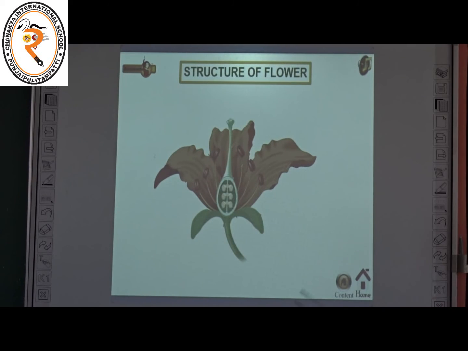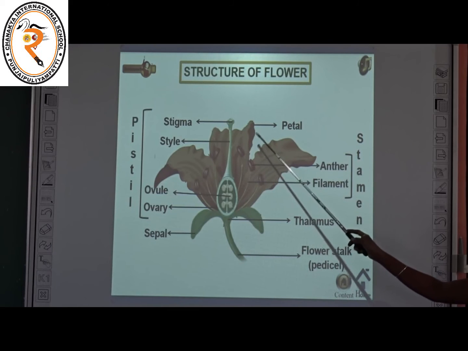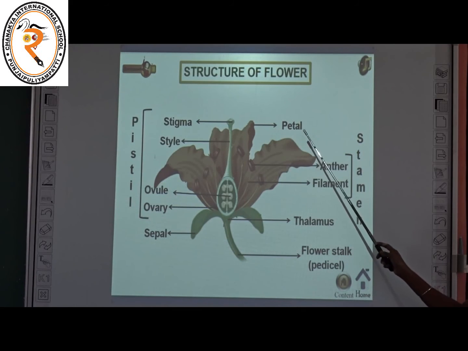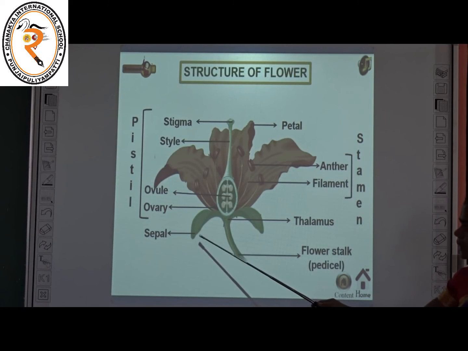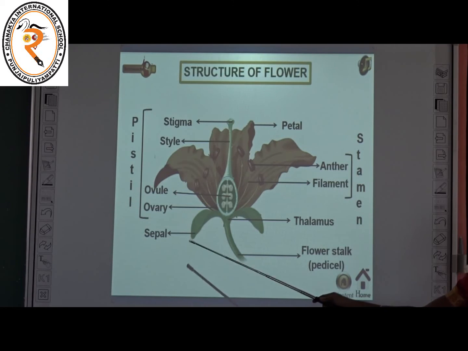structure of flower. See, these are all the parts of flower. See, the colorful part of a flower is called petal and sepal holds the colorful part. It is sepal. What is the color of sepal? It is green in color.